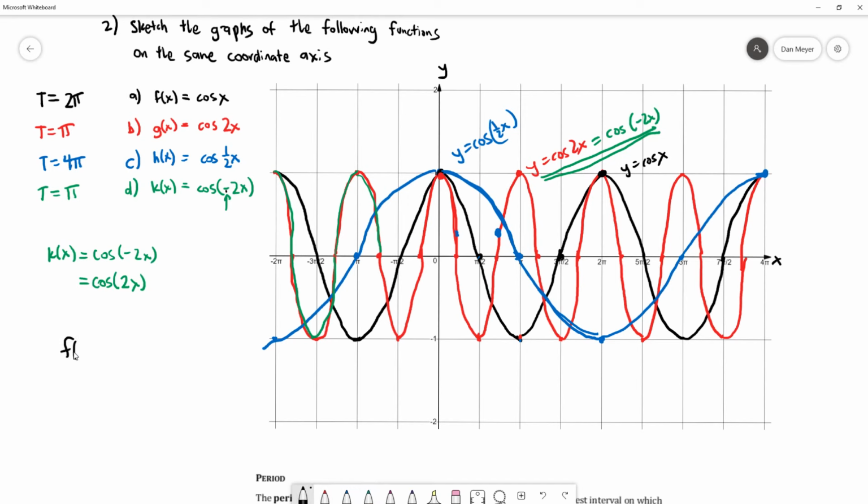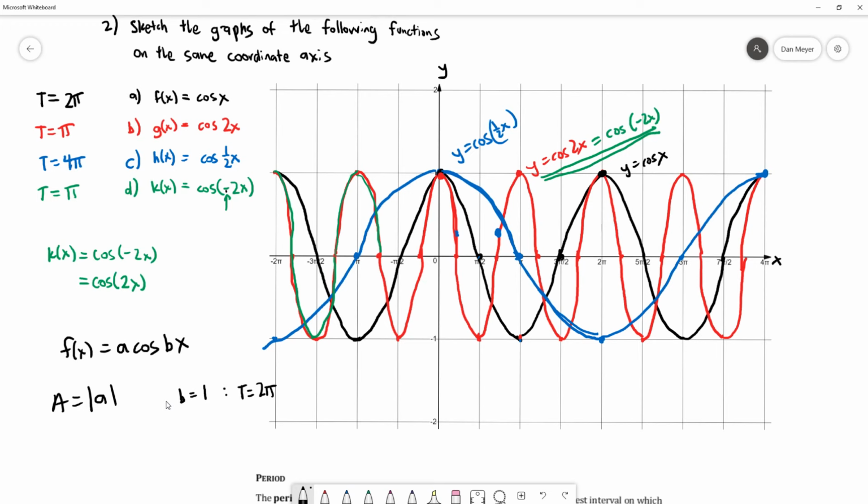If I have f of x equals a cosine bx, well, we determined before that the amplitude is going to be the absolute value of a. We didn't see any problems here where the amplitude changed at all. And then let's see if we can identify the pattern here. When the constant on the inside was 1, that was our black graph, the period was 2 pi.